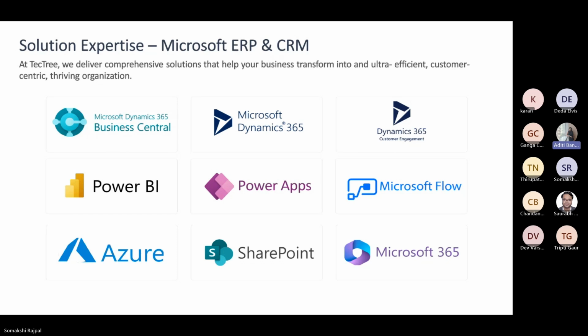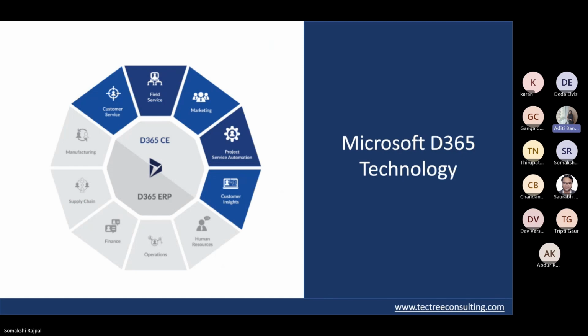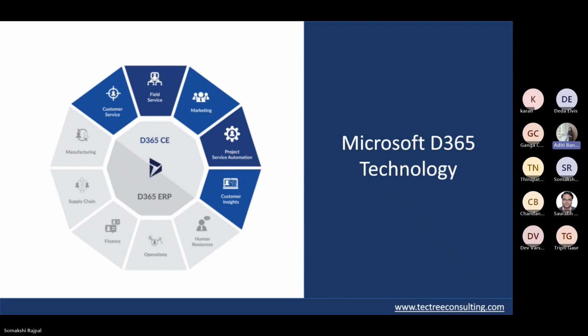Our major focus is on Microsoft 365 technology, in which customer service, field service, marketing, project service automation, and customer insight come under customer engagement, while manufacturing, supply chain, finance, operations, and human resources come under the ERP. So these are the two typical sections which we worked on.